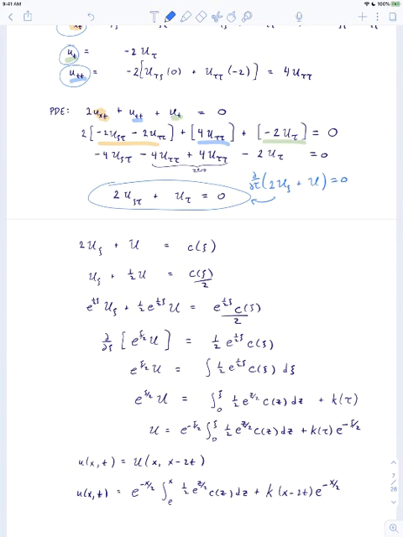So in other words, if I differentiate this expression with respect to tau, I get 0. So that means that this expression, 2 times the partial derivative of capital U with respect to xi plus capital U, must not depend on tau.